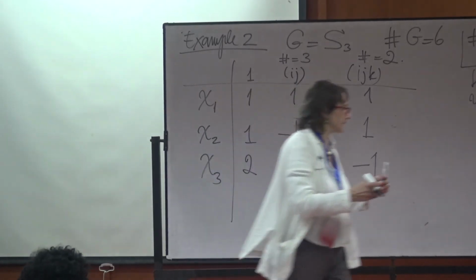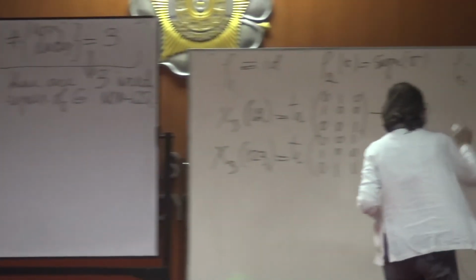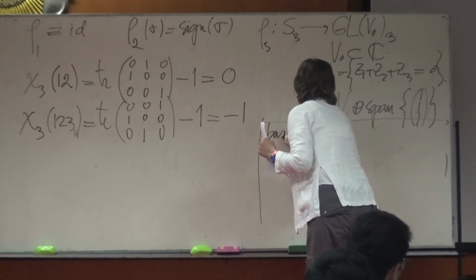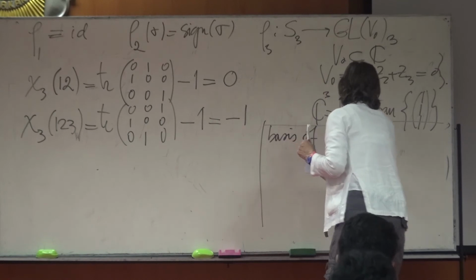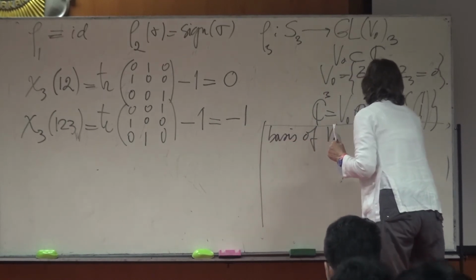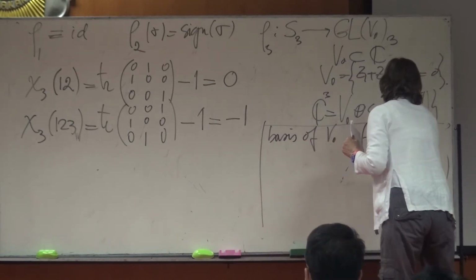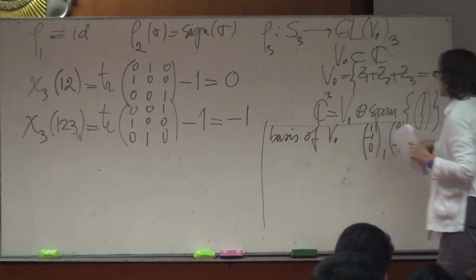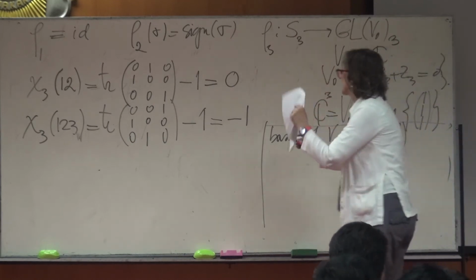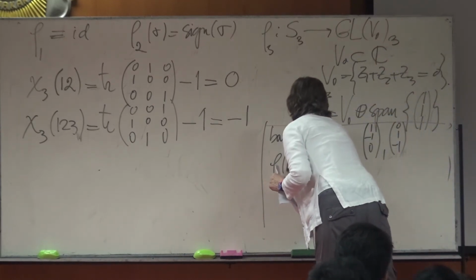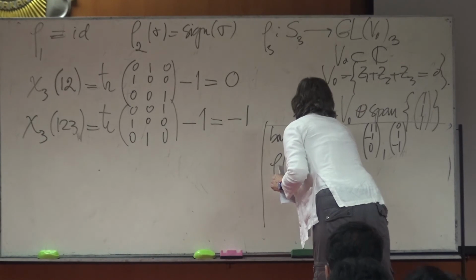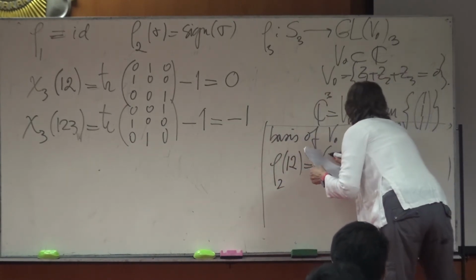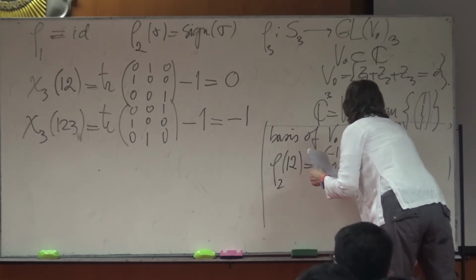For instance, if you take as a basis of V0 the 2 vectors (1, -1, 0) and (0, 1, -1), in this basis the matrix of (1 2) would be (-1, 1; 0, 1).